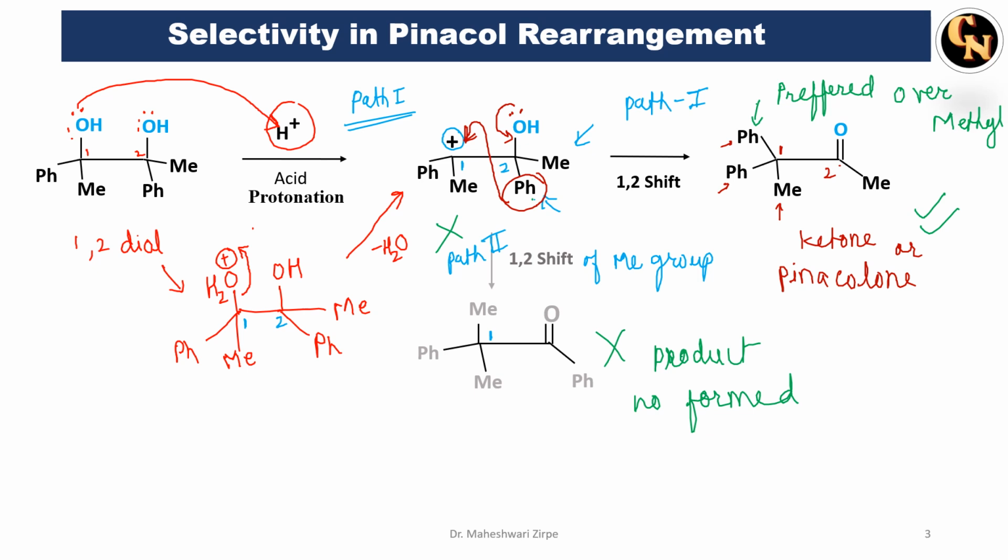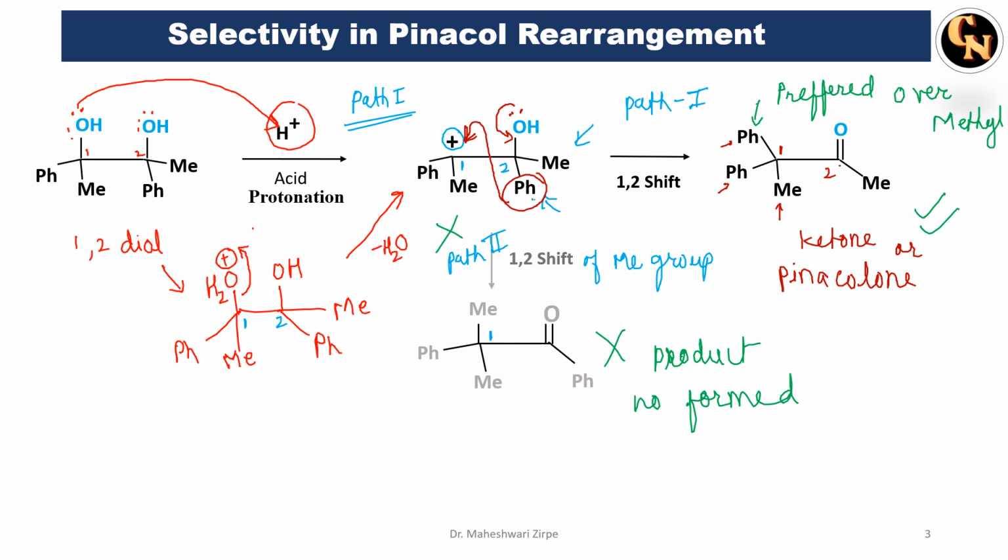You should always try to work out all the types of products you could get and then select which is the most preferred one, which is going to be formed. In this way you have to see which group is going to selectively migrate or transfer from the second carbon to the first carbon, that is a 1,2 shift.